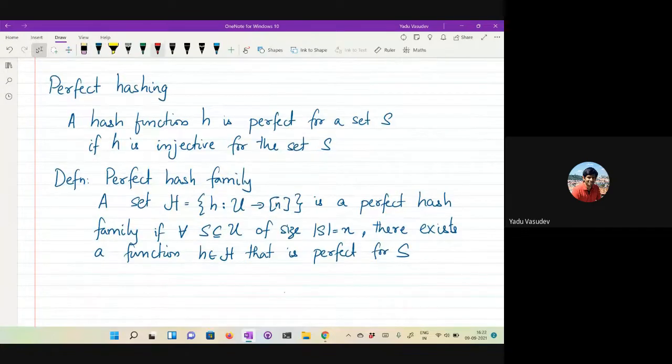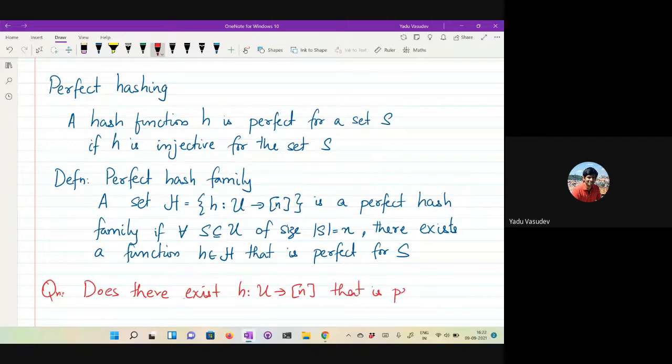So here is one small question. Does there exist a function h from U to n that is perfect for every S?